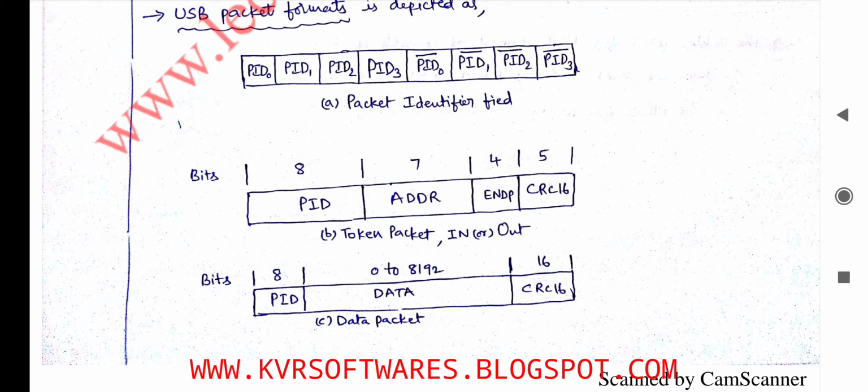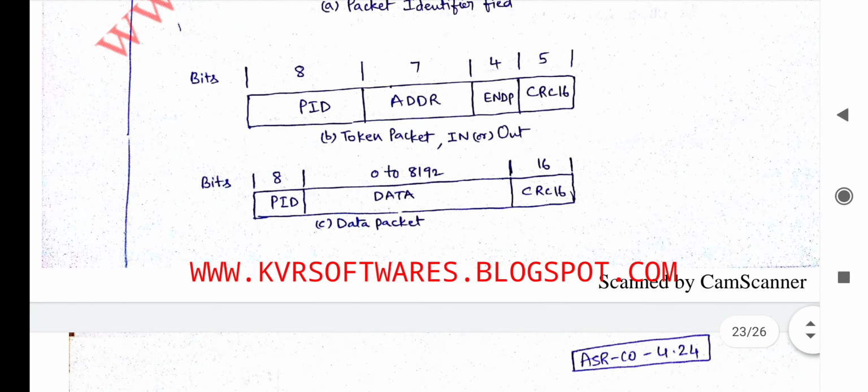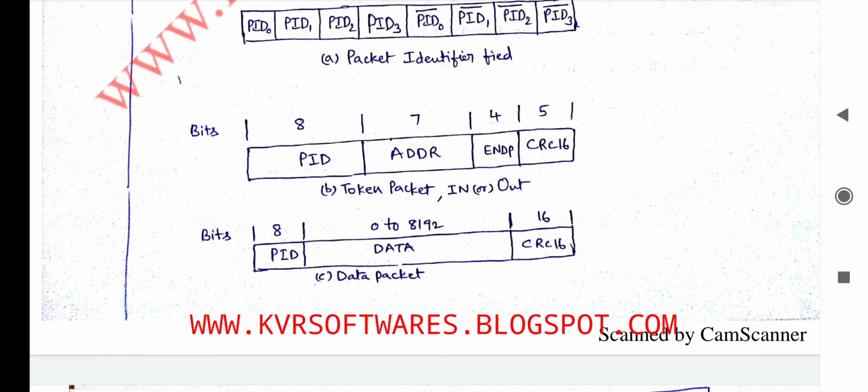Token packet, or IN or OUT packet: PID, address field and CRC, cyclic redundancy check. Next, PID, data field and CRC field. This is the data packet. In the token packet, PID occupies 8 bits, address field occupies 7 bits, end of packet 4 bits, and the CRC, cyclic redundancy check field, occupies 5 bits.